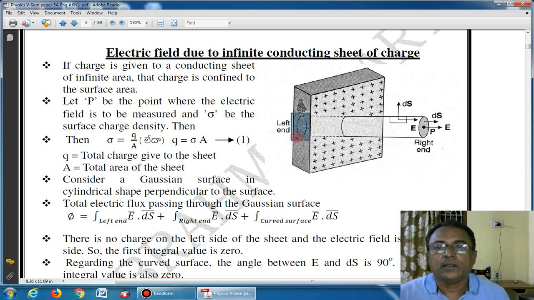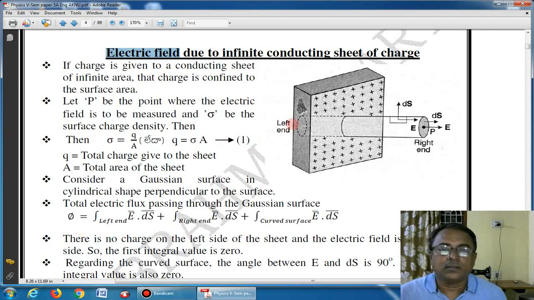Now here we want to derive the expression for electric field intensity. The electric field intensity is also called the electric field for short. We know the expression for Gauss law: flux phi is equal to integral E bar dot ds bar, that is equal to q by epsilon naught. This is the known equation.